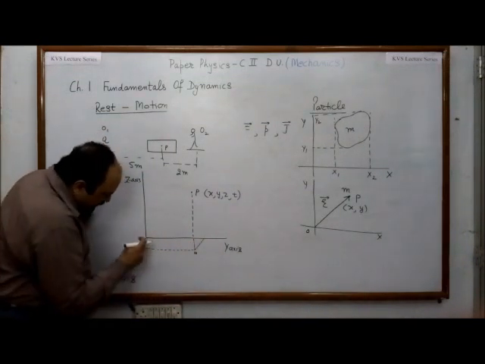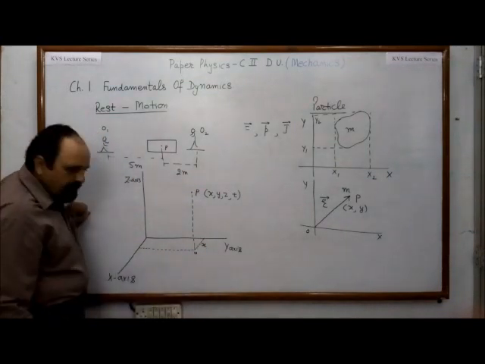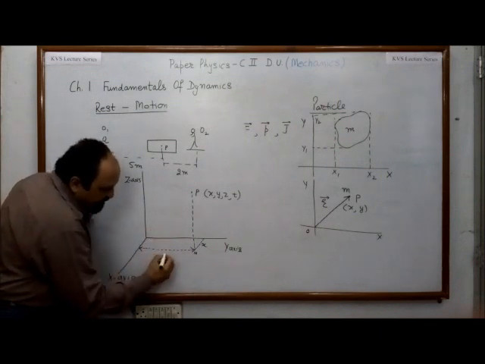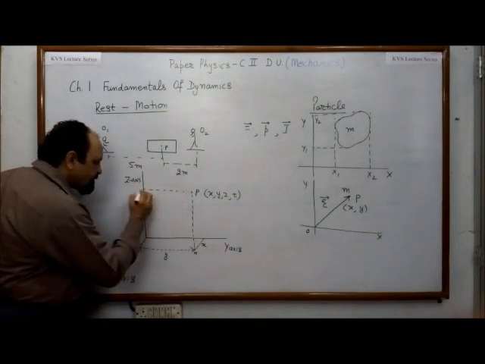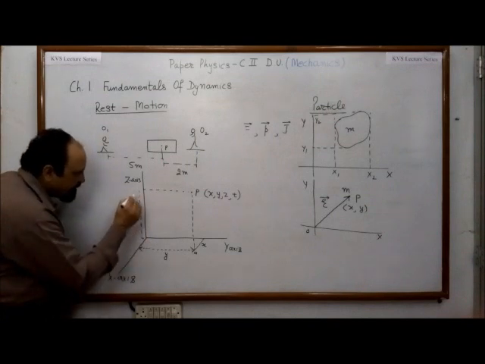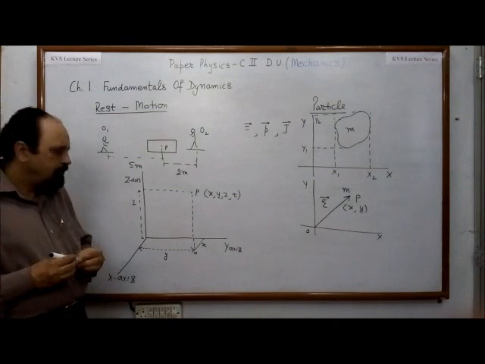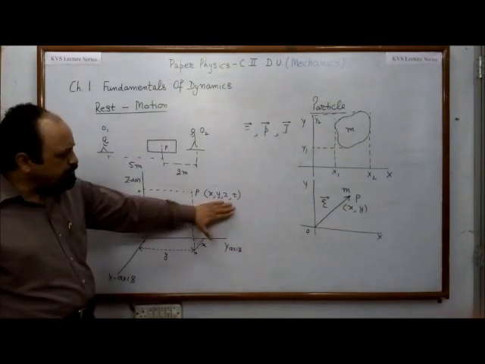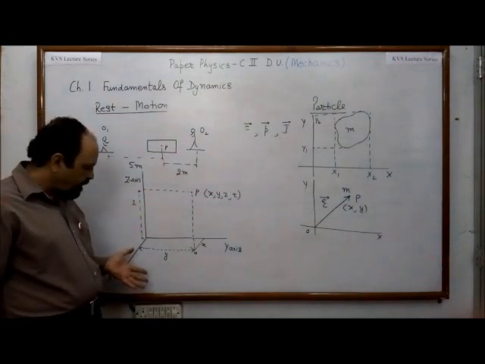Then this distance, which is parallel to the x-axis, will measure x, and this distance, which is parallel to the y-axis, will measure y, and this distance, which measures parallel to the z-axis, is z. This is a simple Cartesian coordinate system, and the meaning of the position coordinate defined in the Cartesian coordinate system.